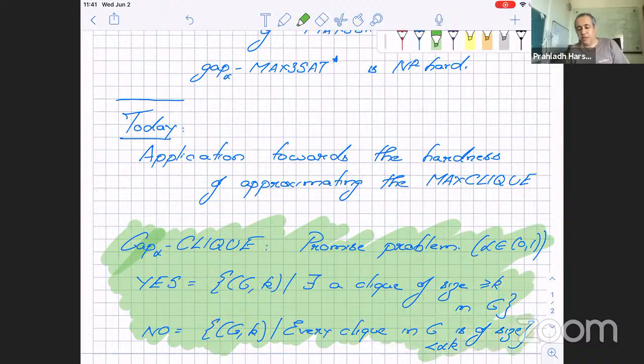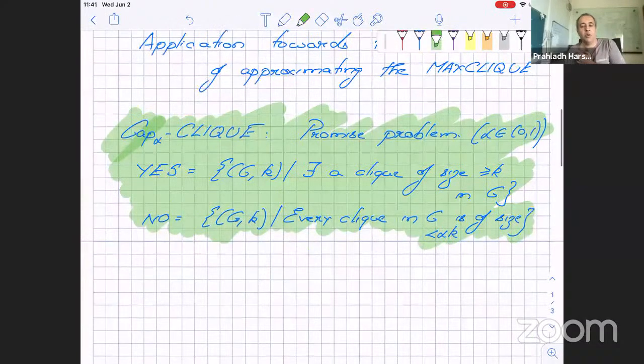If you understand the hardness of this problem, we will know how well we can approximate clique.